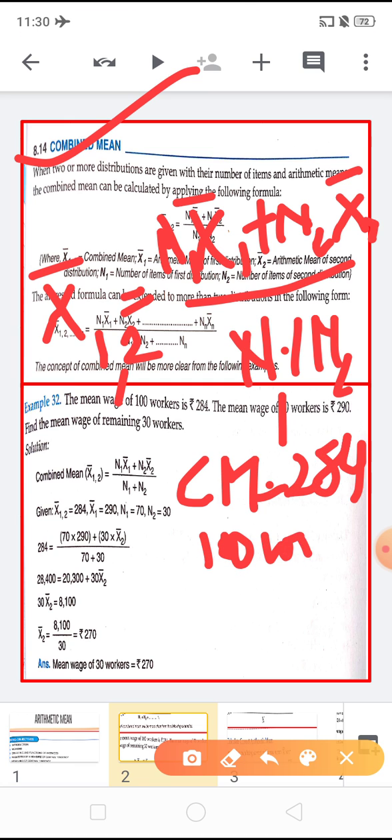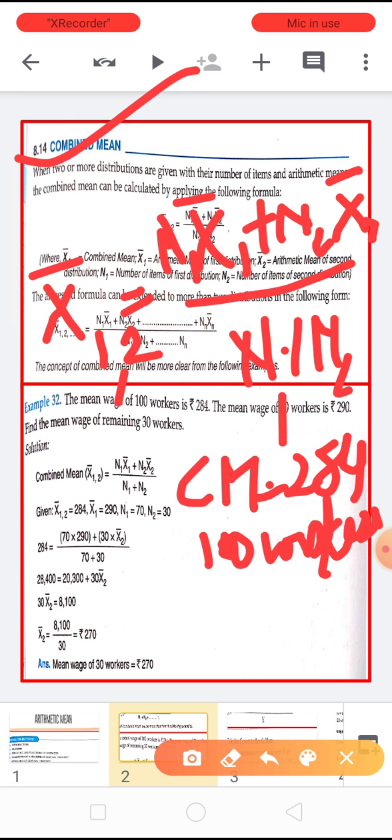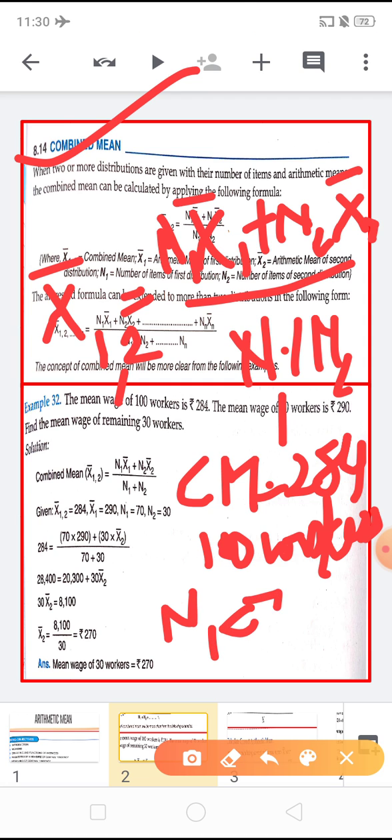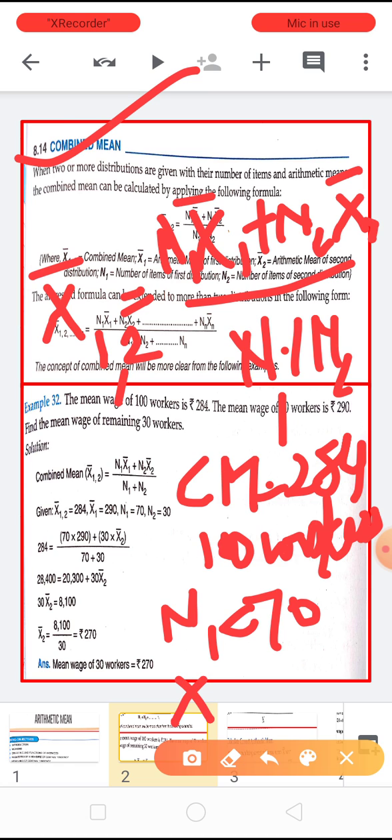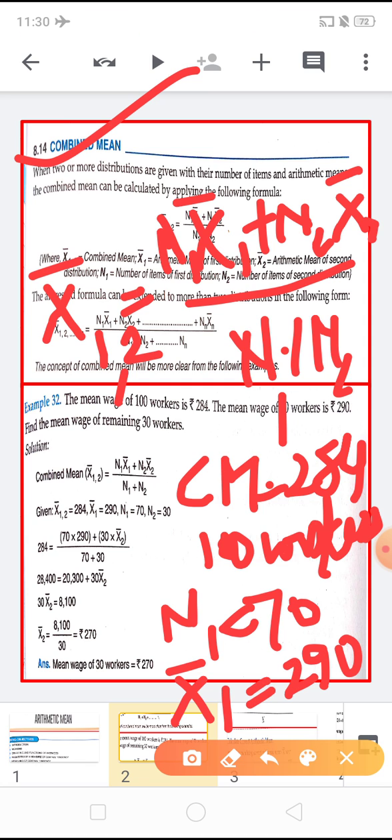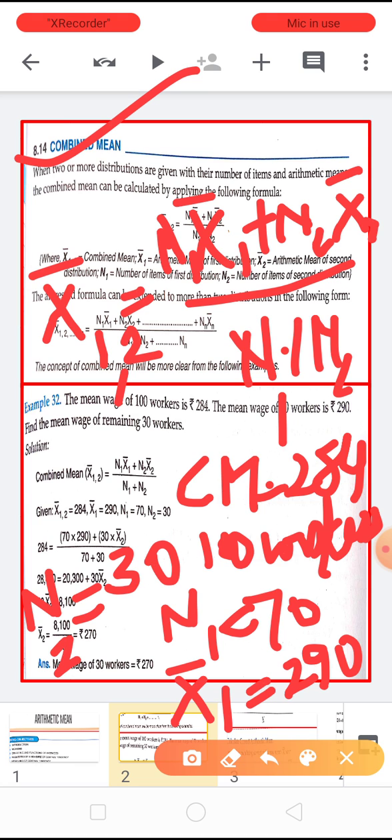So the total number of workers is 100, and the mean wage of 70 workers is 290. Here n1 is 70, and the first arithmetic mean, x bar 1, is 290. We need to find out the second arithmetic mean for the remaining 30 workers.